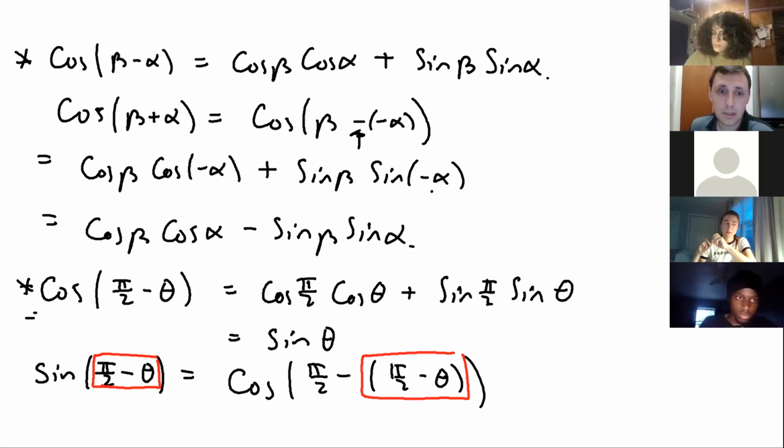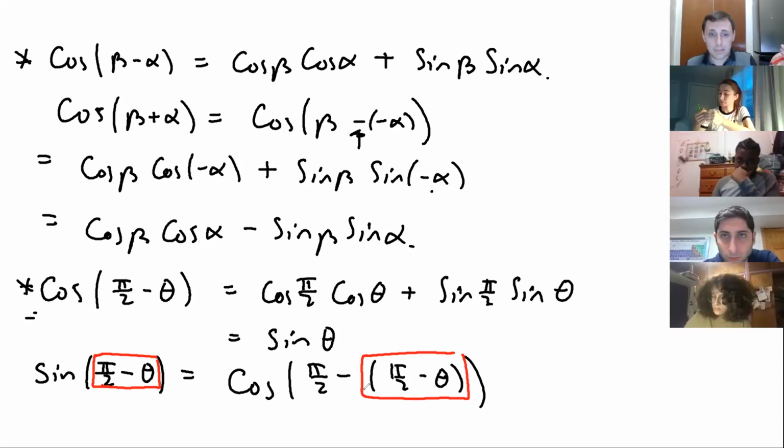Are you with me? Do you understand what I'm saying? Yes, guys, the theta is not important to the statement. The statement is pi over 2 minus an angle: if you apply cosine, you will get sine of that angle. So sine of that angle is cosine applied to pi over 2 minus the angle, like this.